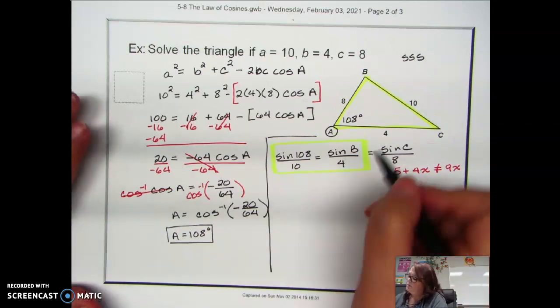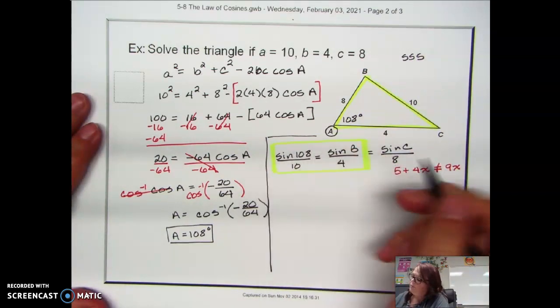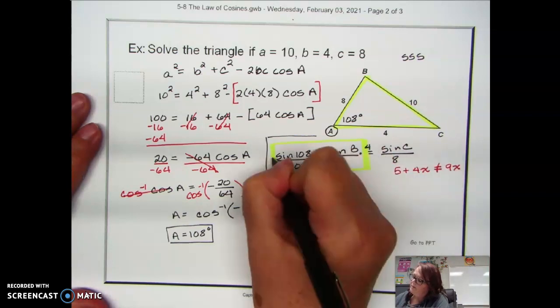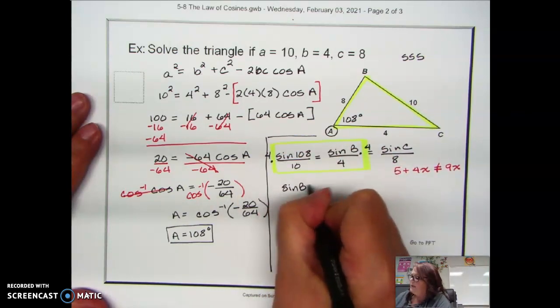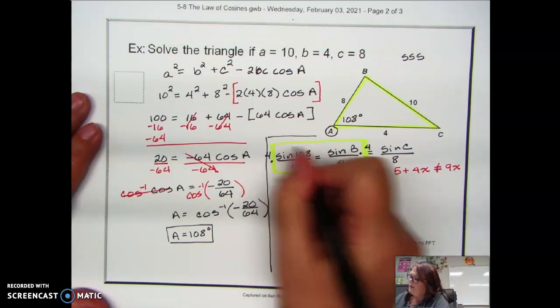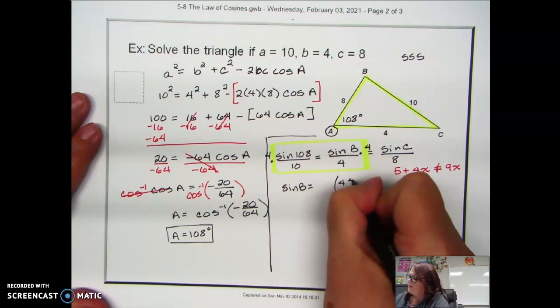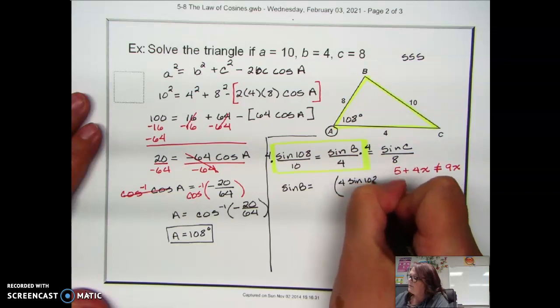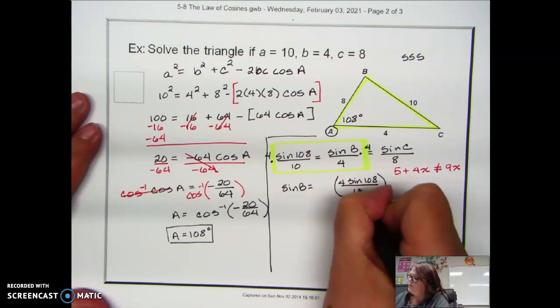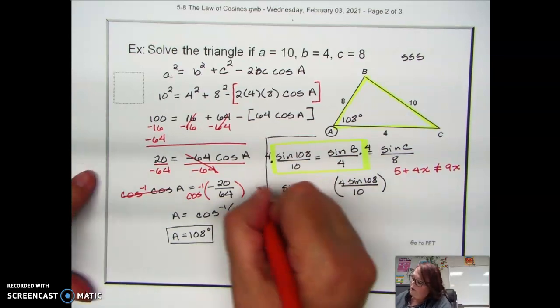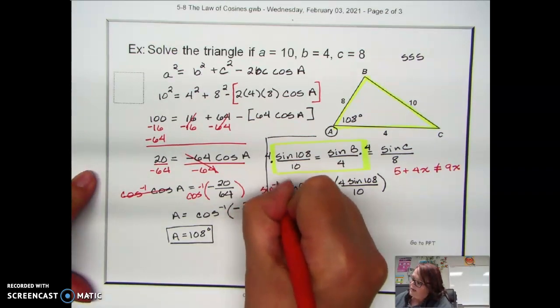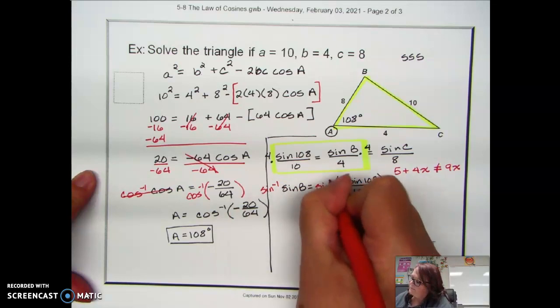So when I cross multiply, or I can just multiply through by 4. So I'm going to multiply this side by 4 and this side by 4. I get the sine of B is equal to 4 sine of 108 all over 10. And then to get the sine of B away, we take the inverse sine of both sides.